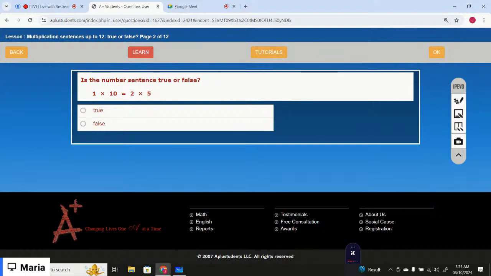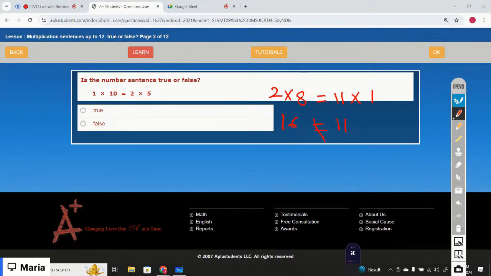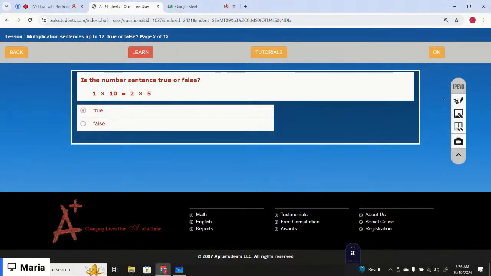That is 1 times 10 is 10 and 2 times 5 is 10. So both sides are exactly equal. So that means true it is. The correct option is true. Option number 1 is the correct option. Got it?